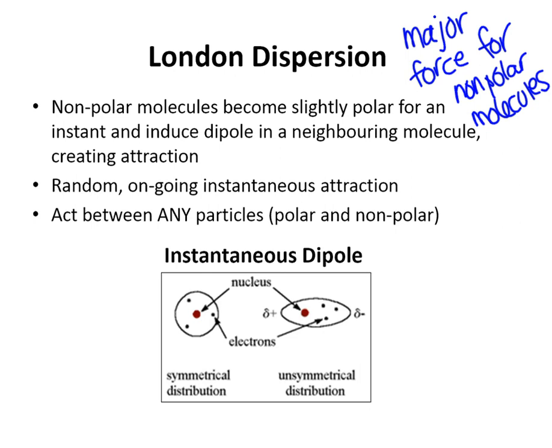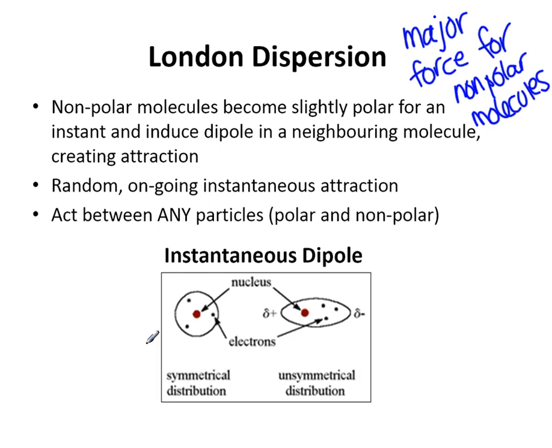So there's a couple of things that can happen. One is called an instantaneous dipole. So even though it doesn't have an overall dipole present, if you took an example of a molecule, remember nonpolar means all the electrons are evenly distributed within that molecule, or we said a symmetrical distribution. Remember, electrons are constantly moving throughout orbitals when they are in chemical bonds.